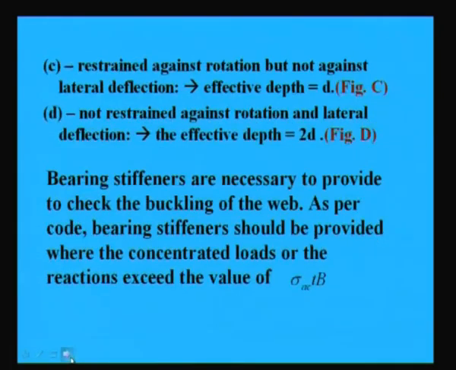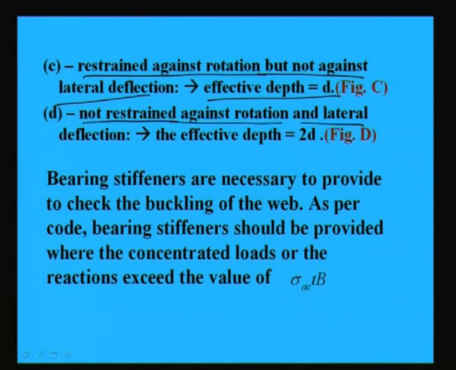Again, when restrained against rotation but not against lateral deflection, we can find the effective depth as d, and when not restrained against rotation and lateral deflection, the effective depth is 2d. So, for various cases the effective depth has to be considered. In fact, how to calculate this depth is all given in the codal provisions, right.